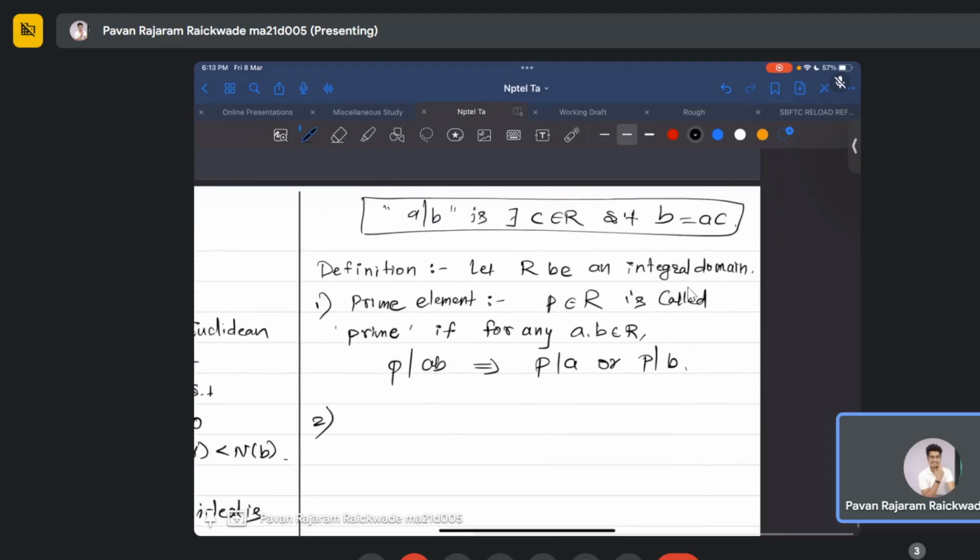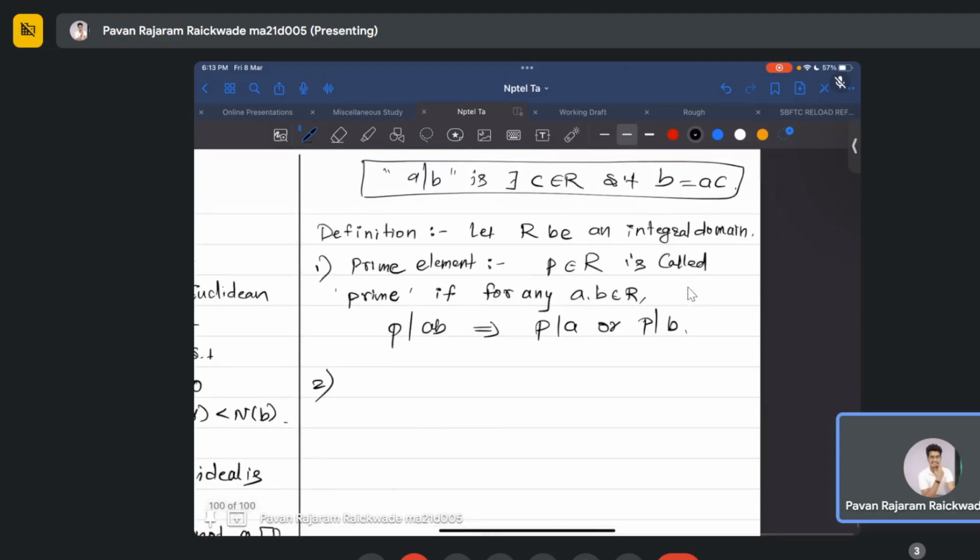Then there's a second definition, the irreducible element. There are two ways to define this: either I define a reducible element or an irreducible element. I'll define the irreducible element; it's better.